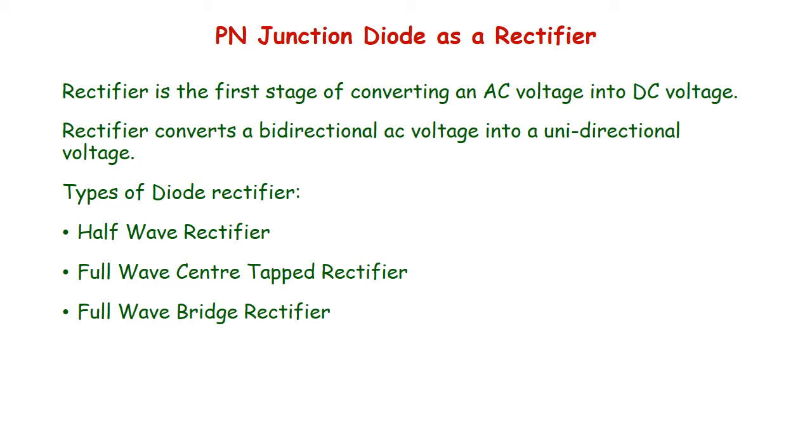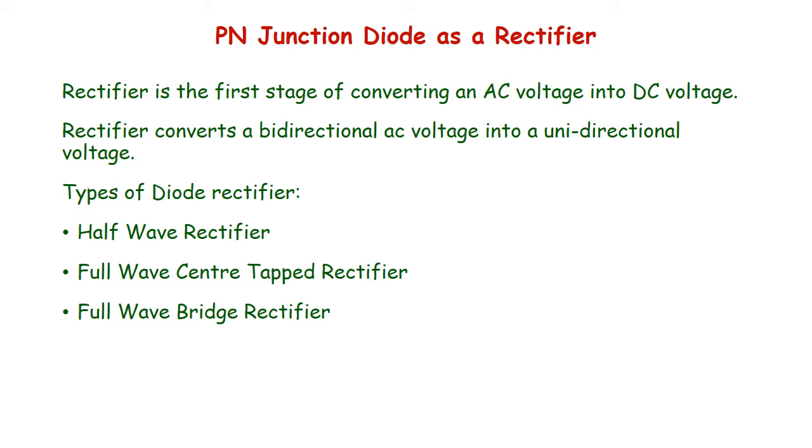Depending on the type of rectifier, you either have the diode conducting for one half cycle and not conducting for the other half cycle, in which case we call it a half wave rectifier. So you do not have an output for half cycle. Or if the diode conducts for both cycles, you call it a full wave rectifier.